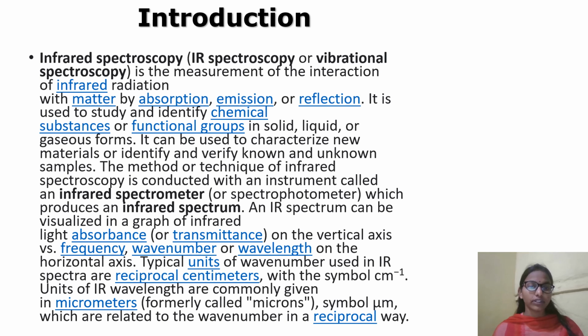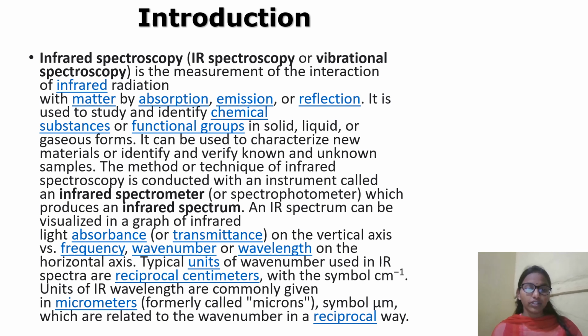The method or technique of infrared spectroscopy is conducted with an instrument called an infrared spectrometer or spectrophotometer, which produces an infrared spectrum. An IR spectrum can be visualized in a graph of infrared light absorbance or transmittance on the vertical axis versus frequency, wave number or wavelength on the horizontal axis.